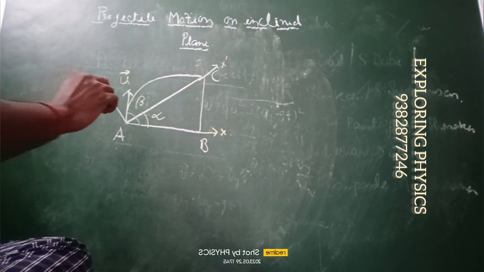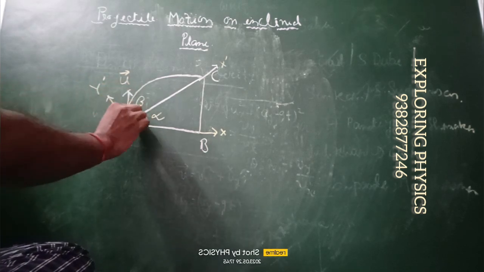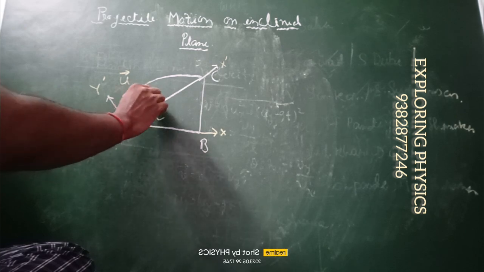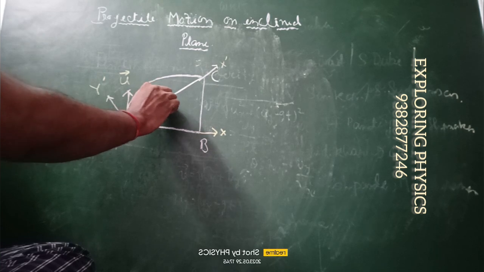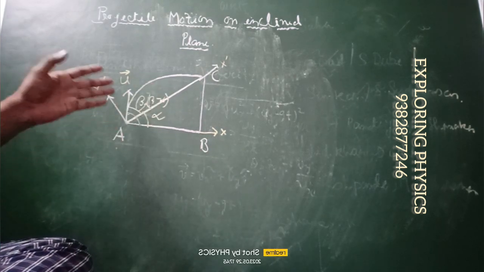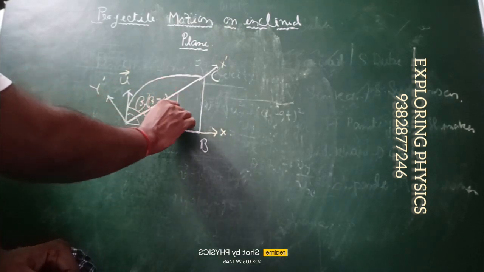Now here, this angle total is beta, this is alpha, so this angle should be beta minus alpha. Now here the acceleration due to gravity is actually acting in that direction, that is g.